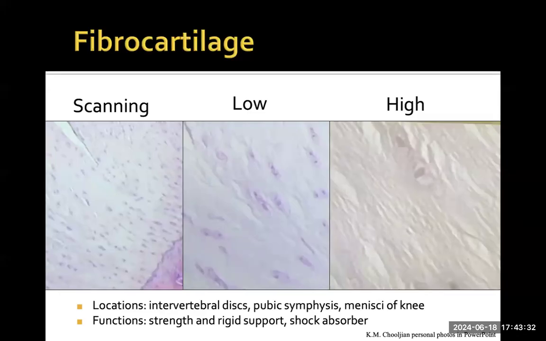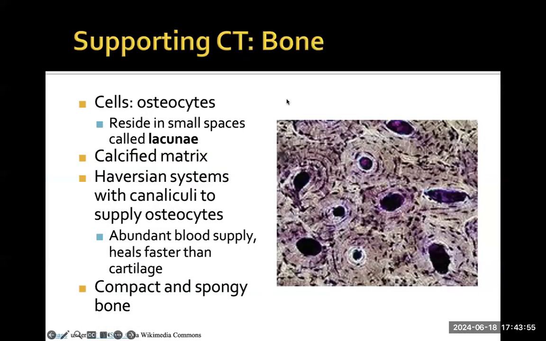Fibrocartilage is going to be found in the intervertebral discs, so between the vertebrae, and the pubic symphysis, which is the connection between your hips on the front side, and the menisci of your knee, which is between like the upper leg and the lower leg. And the function here is strength and support, but also they act as shock absorbers.